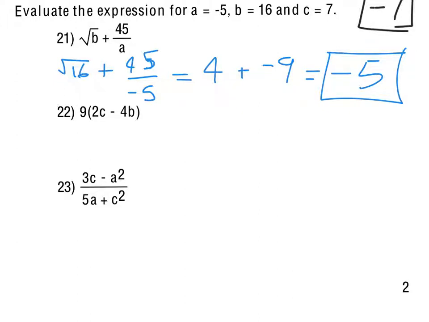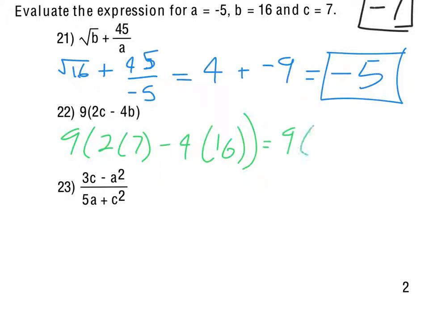For number 22, we plug in the 7 for the C, and B is 16. So we do have some work to do inside those parentheses. We can multiply the 2 and 7 and the 4 and 16. So that ends up giving us 9 times 14 minus 64.